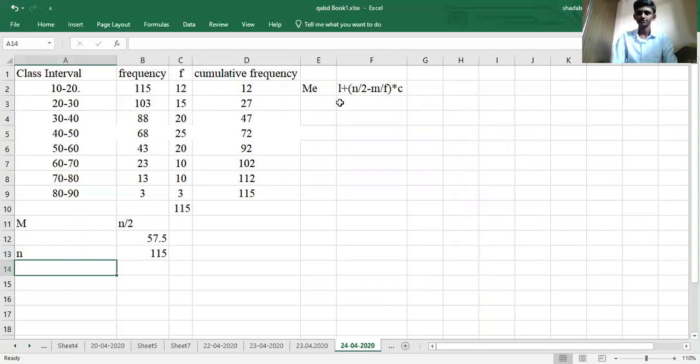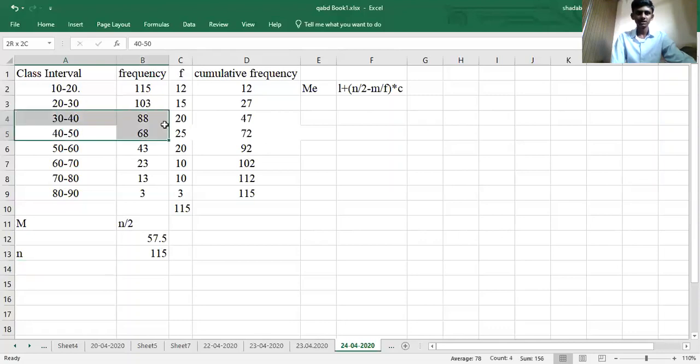What is left now? L. For calculating L, the lowest value in the median class, we use 57.5. Where is this 57.5 lying? Just observe here. It is more than 47 and less than 72, so it is lying here, 40 to 50.